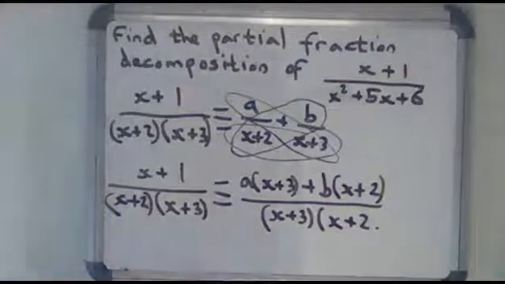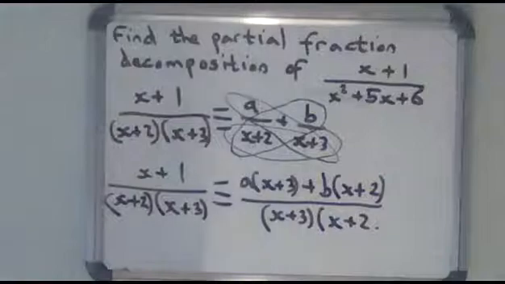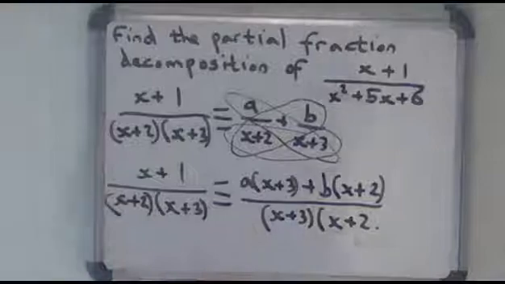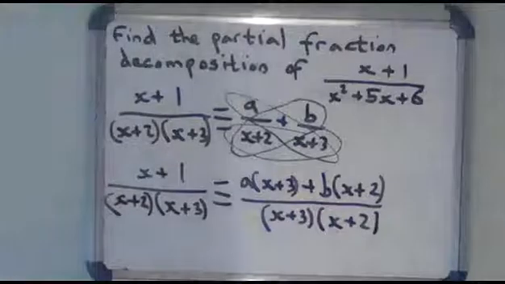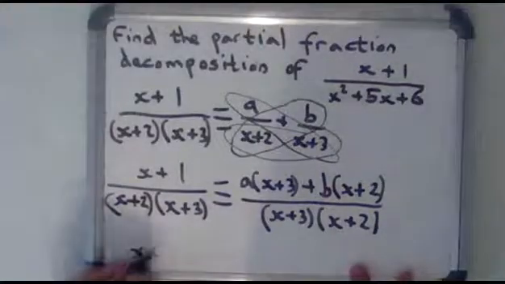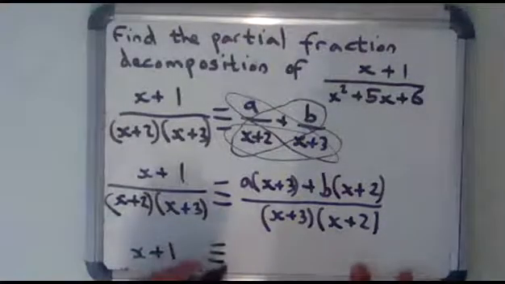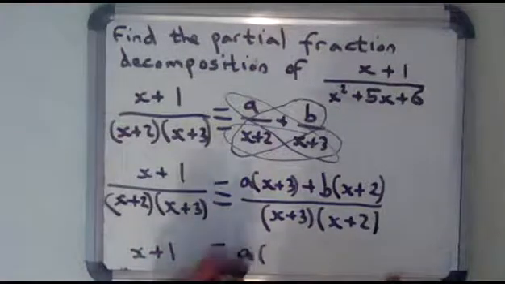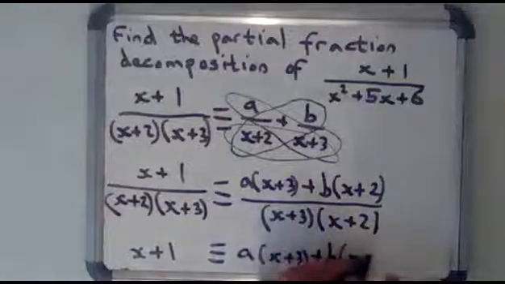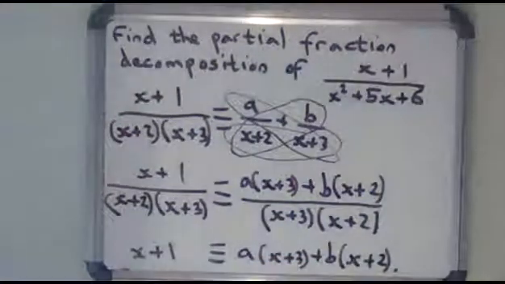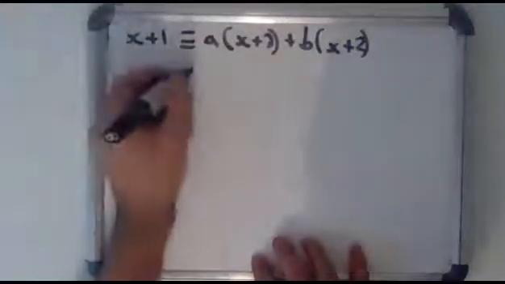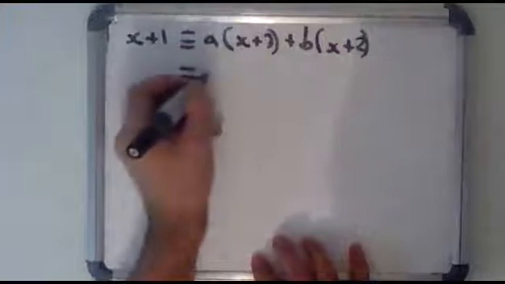At that point you can multiply through by the denominator (x + 2)(x + 3). If you multiply through by that, it will just leave you with x + 1 is identical to A(x + 3) + B(x + 2). So you want to expand these brackets, so Ax + 3A.